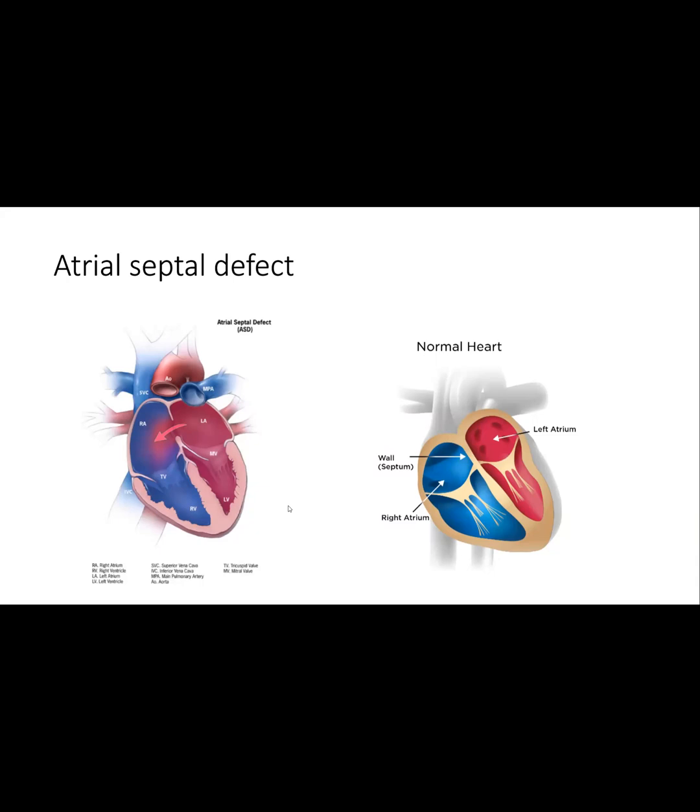This type of defect is acyanotic again because it does not affect the rest of the body. There's no low level of oxygen being pumped to the rest of the body. And this is basically associated with a complication known as paradoxical emboli.